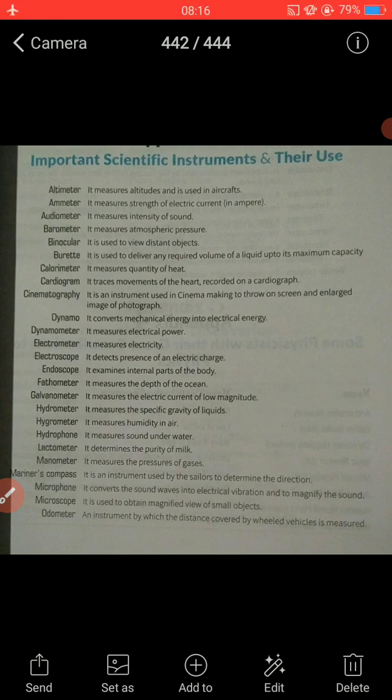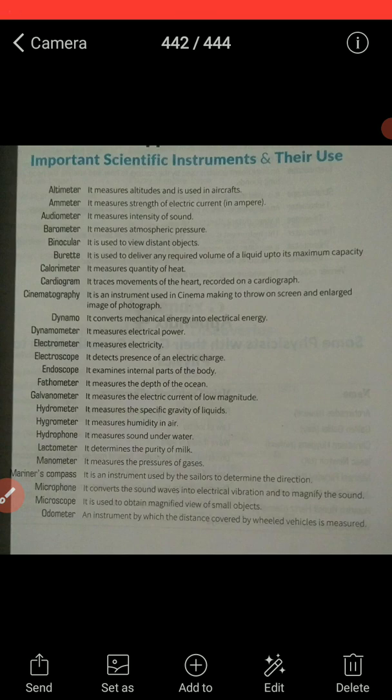Then we will go for lactometer. Lactometer determines the purity of milk. If we want to check the purity of milk, here we can use the instrument lactometer. Then manometer.